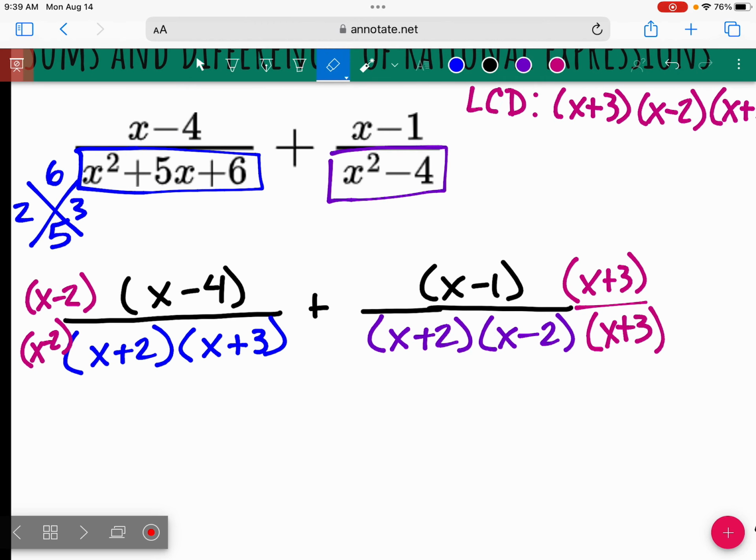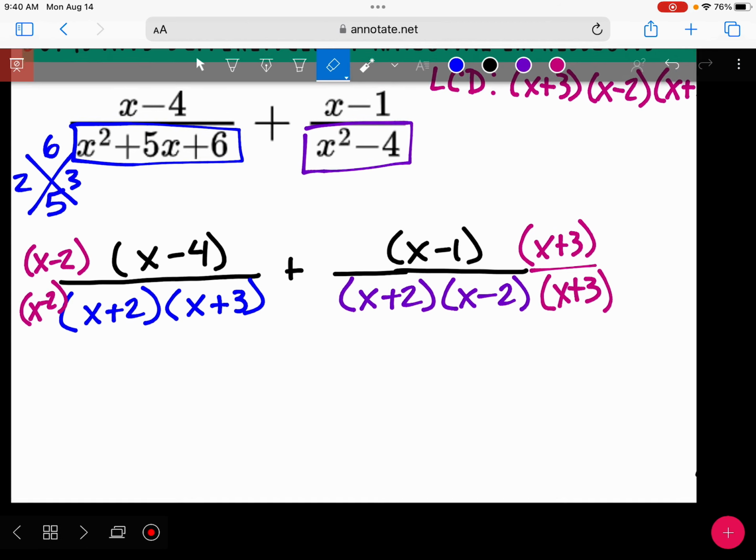You see how that's going? Since we're trying to add these numerators, and I cannot add them when we have pieces being multiplied, we need to figure out how to make them look like they're being added. Multiply them out. Leave the denominator in factored form.